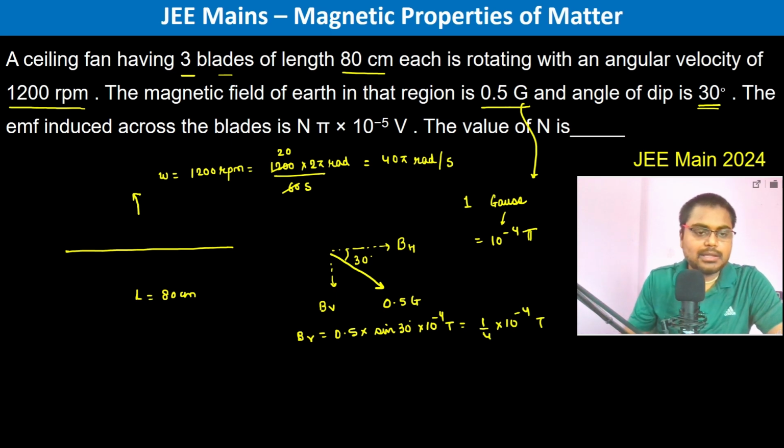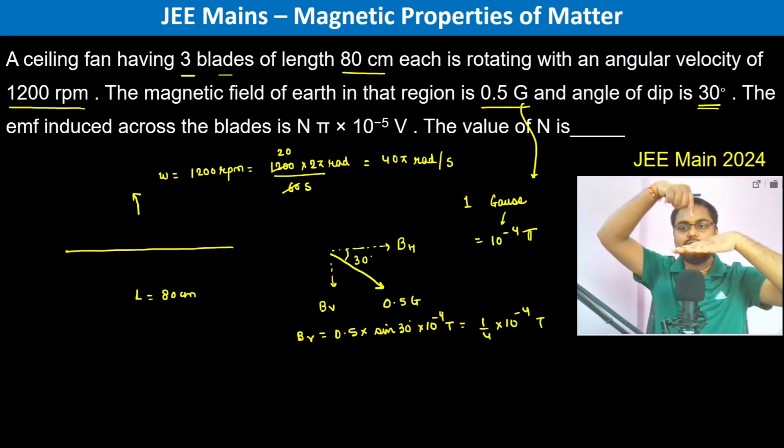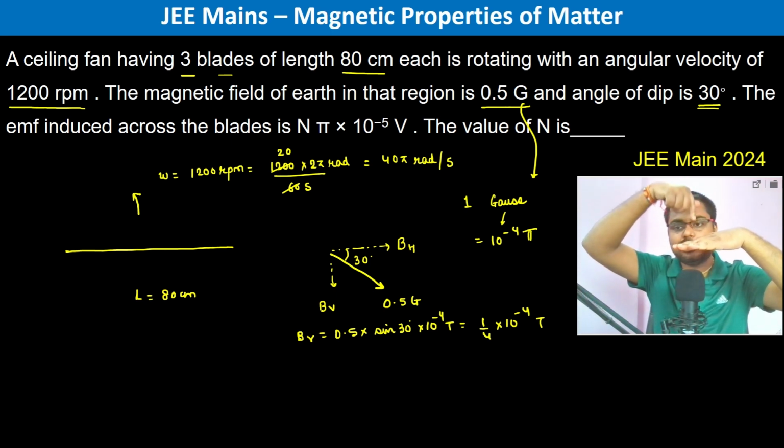Now see, this is a fan, and this is the vertical component of magnetic field.